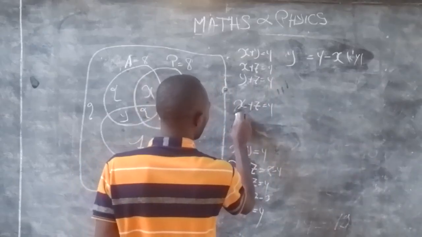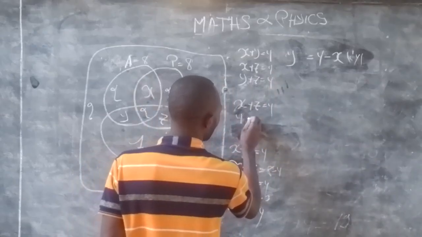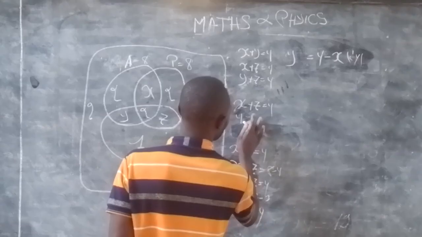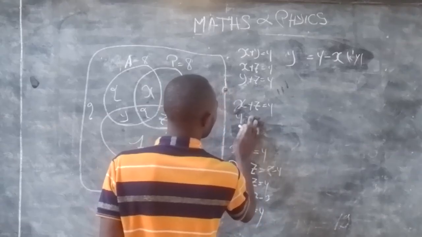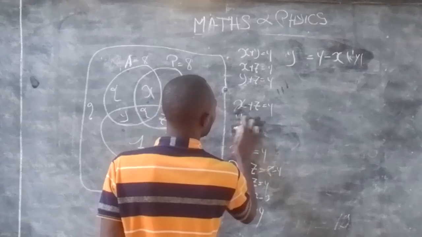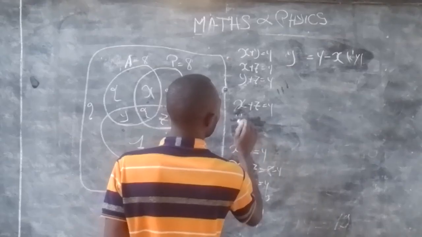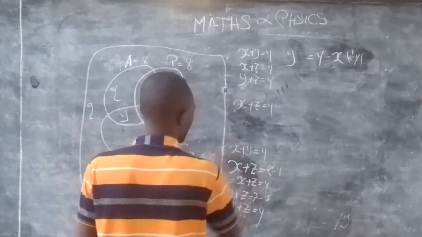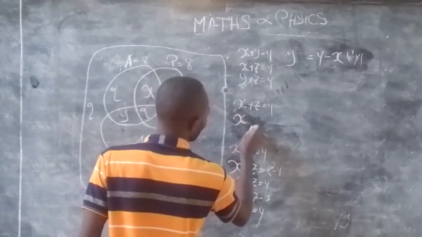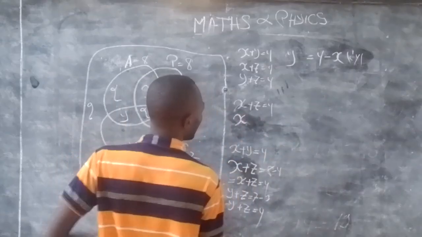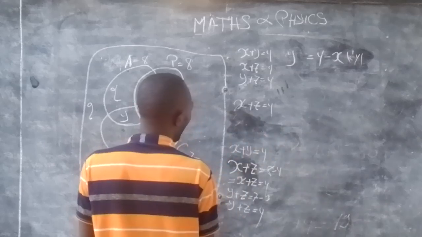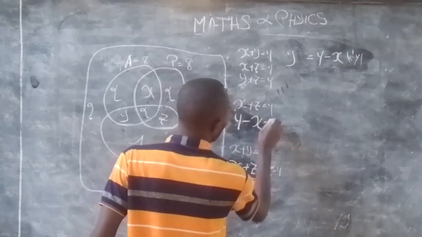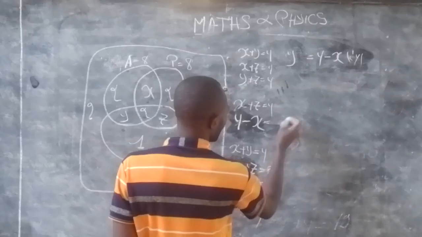Here we have 4 minus x, which is equal to y.